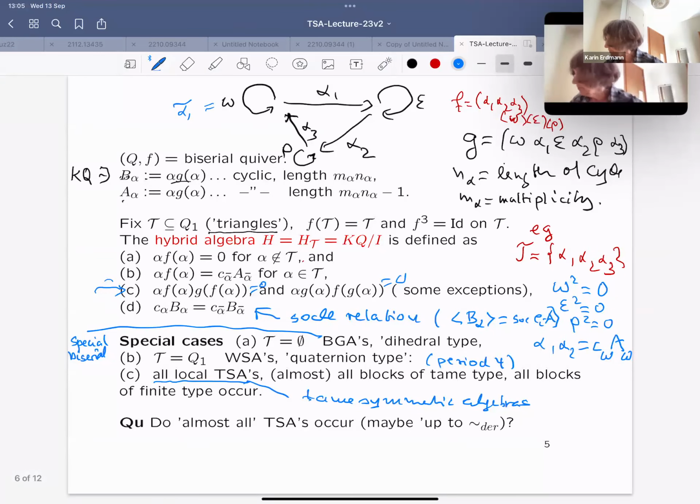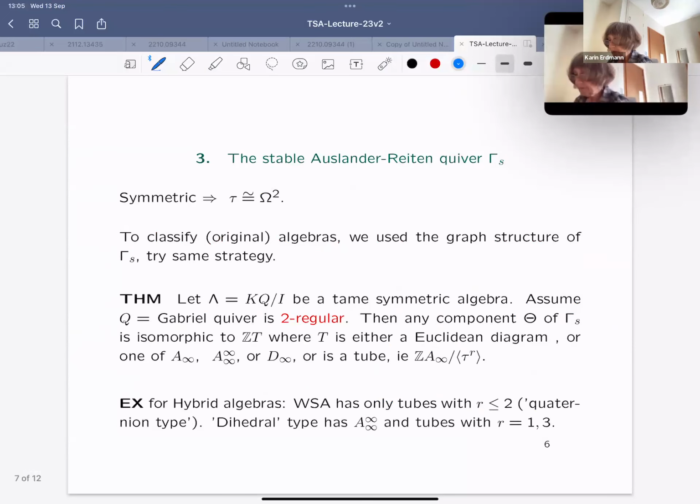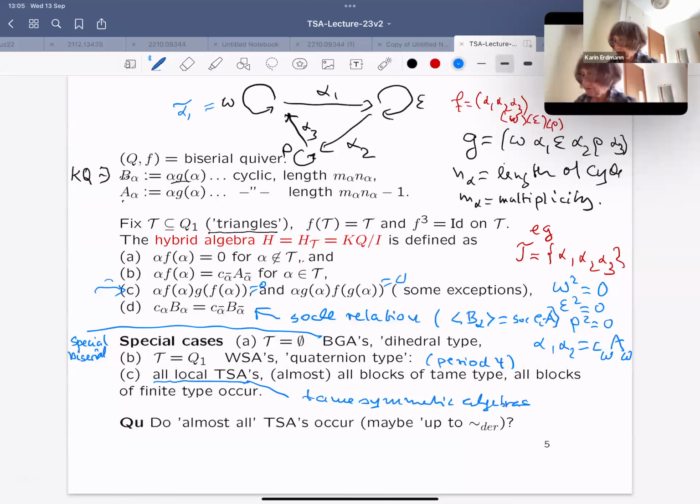And, right. So how far did I get? Okay, so the problem is: can we possibly classify tame symmetric algebras in general?